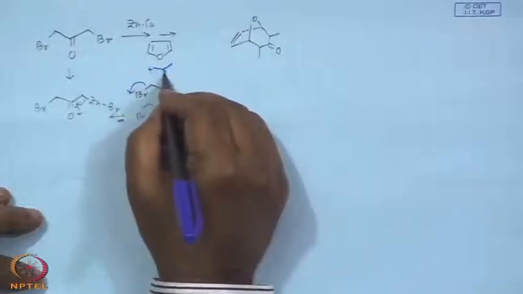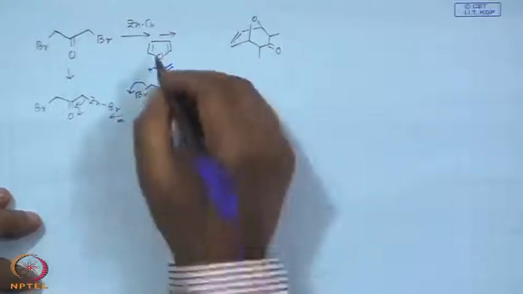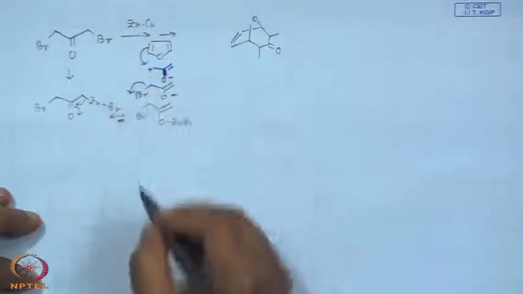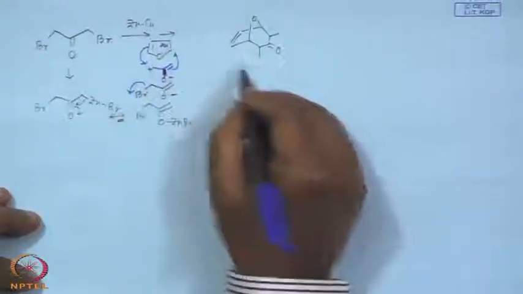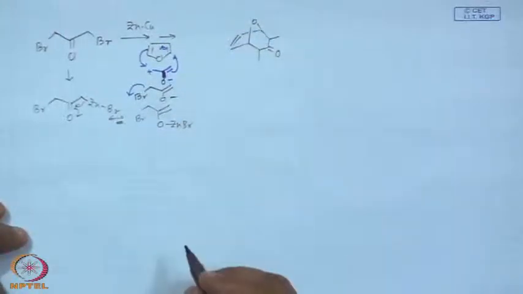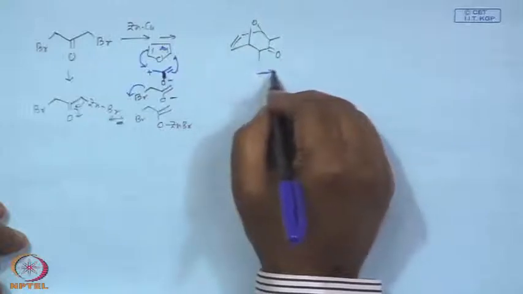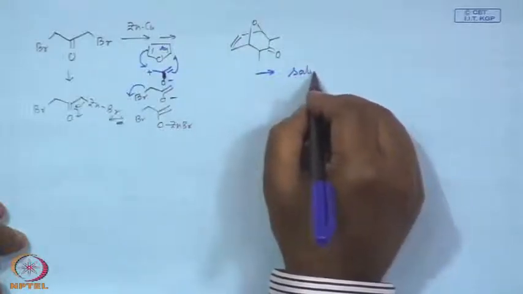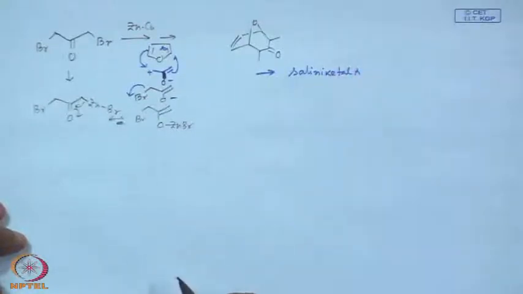This is oxygen minus and this is the double bond, so the electron polarizes towards the cation here, the negative charge goes to this oxygen, and the double bond moves. Eventually you get to this sort of molecule. This is again a 7 membered ring, now with an oxygen, because you started with a heterocycle, that is furan. This has recently been used for a synthesis of a natural product called salinoketal A, which is a heavily oxygen substituted natural product.